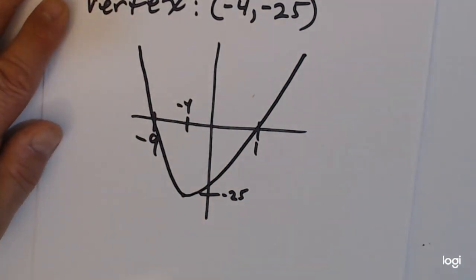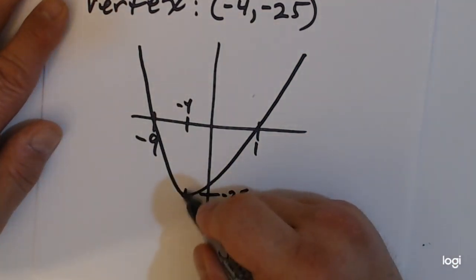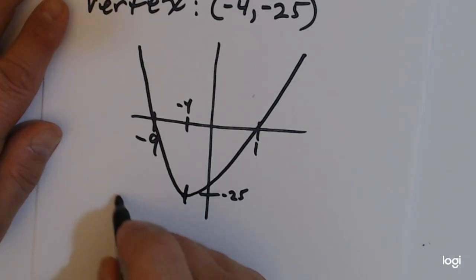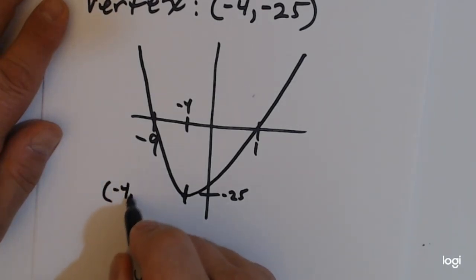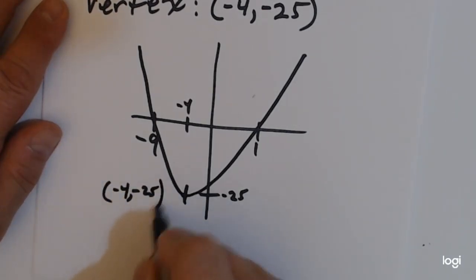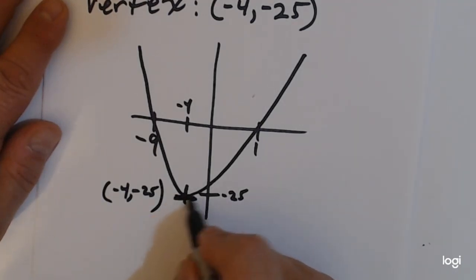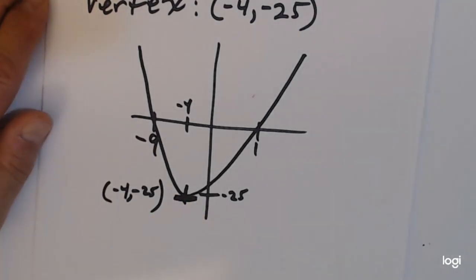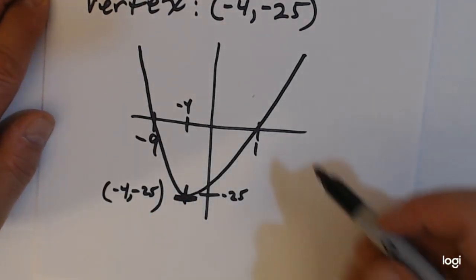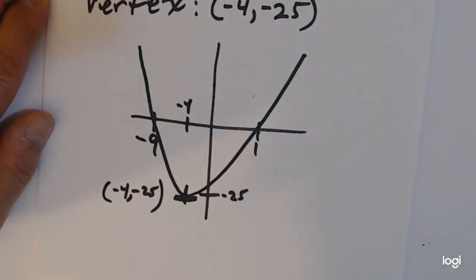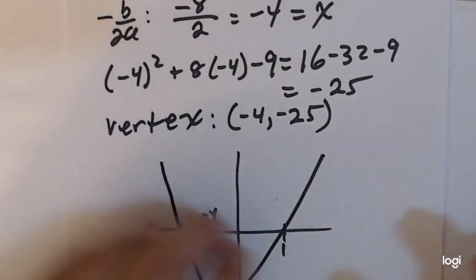So that's what our graph looks like. Right here, that point is negative 4, negative 25. That's the vertex. And we found the two intercepts, 1 and negative 9, using the quadratic formula. Another problem solved.